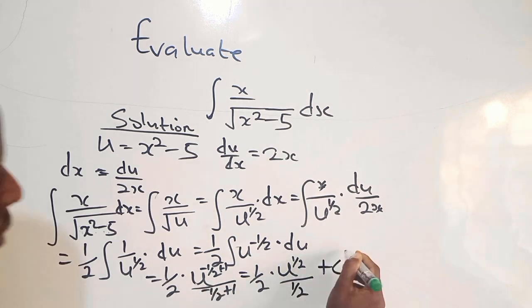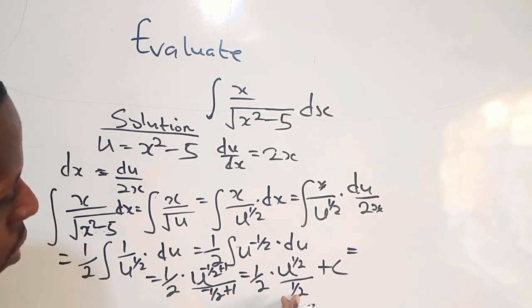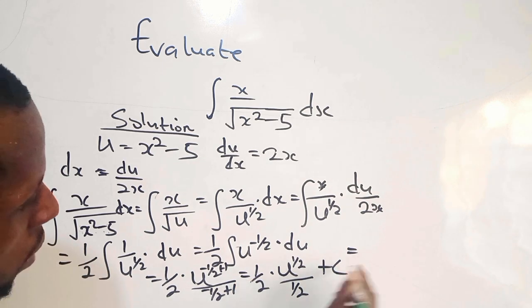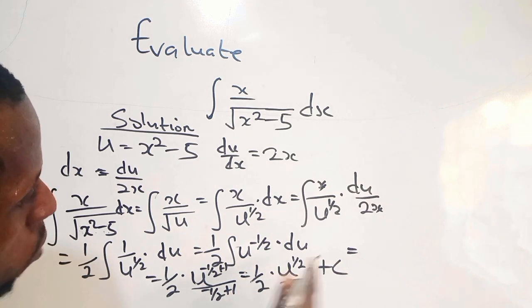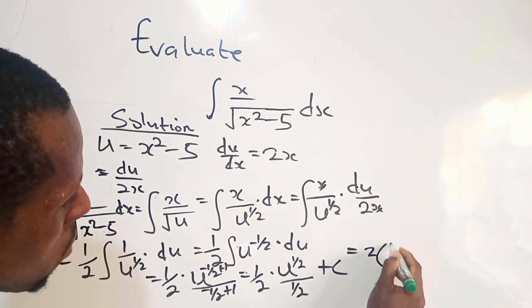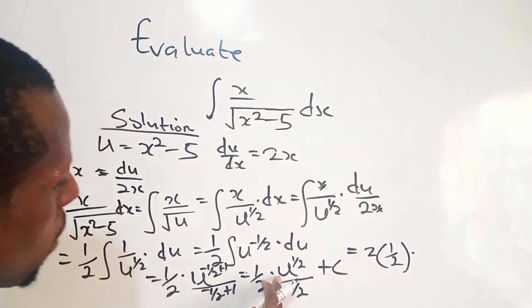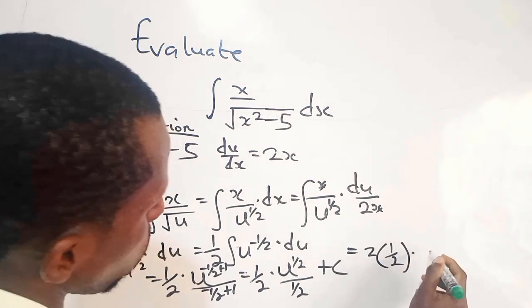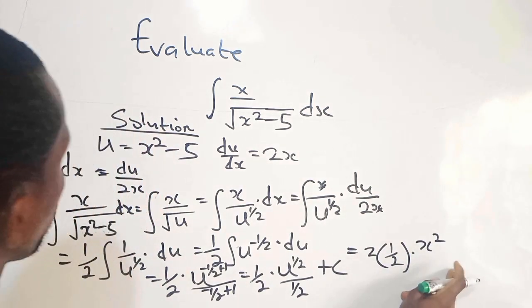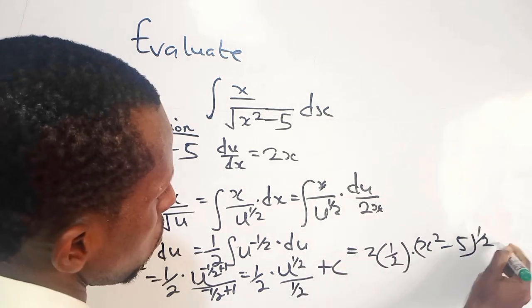So this 2 is multiplying what I'm having here, because this is a fraction in the denominator, so I have to reciprocate. So I have 2 times half times my u, and I substitute back what u stands for, which is x squared minus 5 raised to power half, plus c.